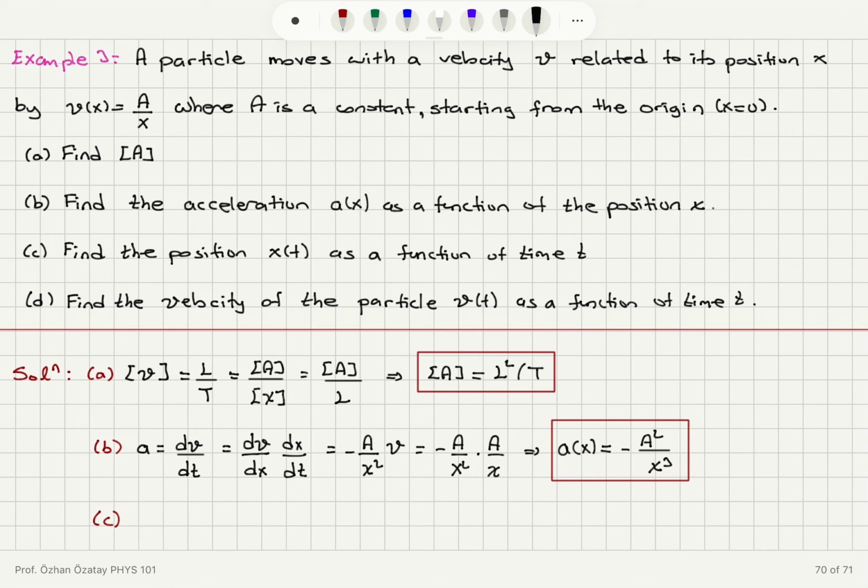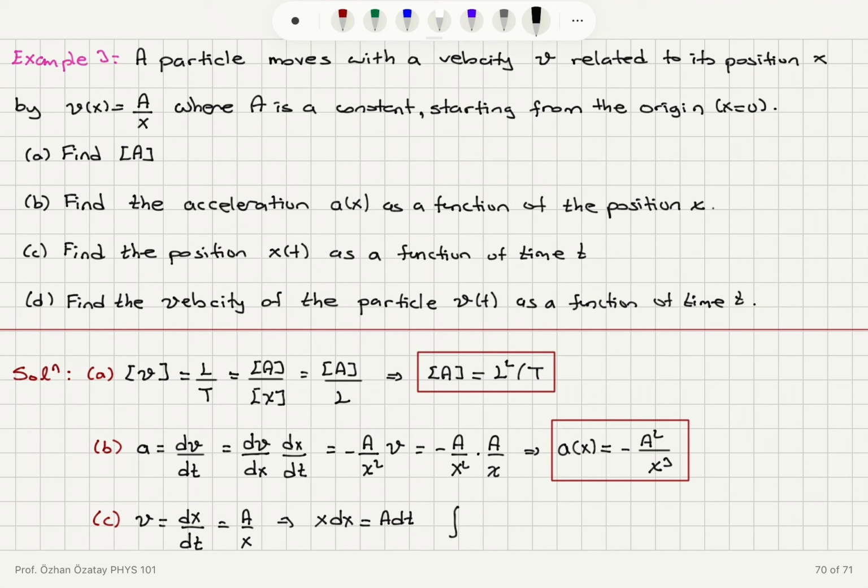Now I want to know position as a function of time. The velocity is dx dt, which is a over x. So you can see that this means x dx is equal to a dt.